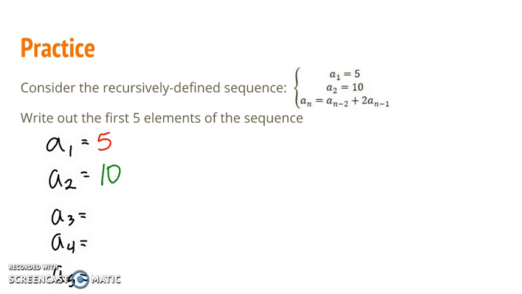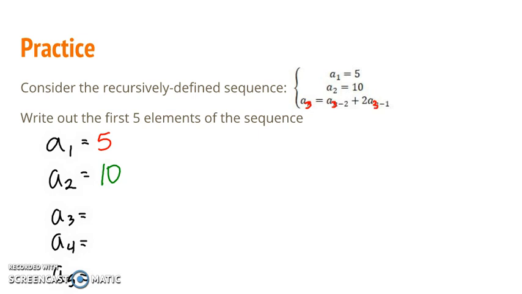Now on this one we've got to pay a little bit closer attention. Our nth term formula is a sub n equals a sub n minus 2 plus 2 times a sub n minus 1. I'm looking for a sub 3, so I've got a sub 3 minus 2 and 2 times a sub 3 minus 1.